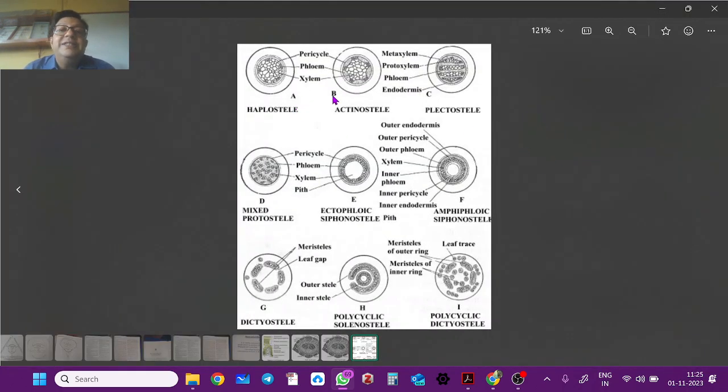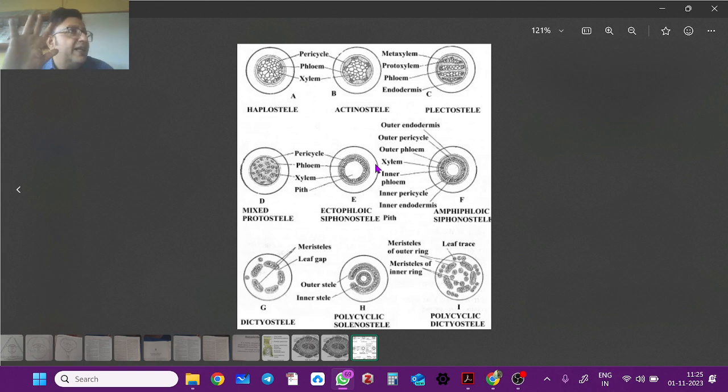So the stellar system has got a central cylinder known as pith. The pith inside. Then it is covered by endodermis. Then you have the inner pericycle, inner phloem, xylem. Then you have the outer phloem, outer pericycle, outer endodermis. So the inner portion is the stellar system. So different types of stellar system, haplostele, actinostele.